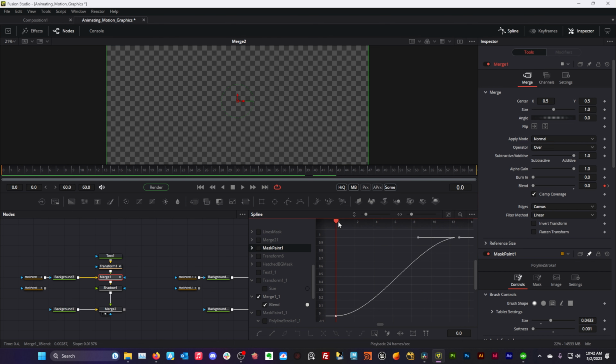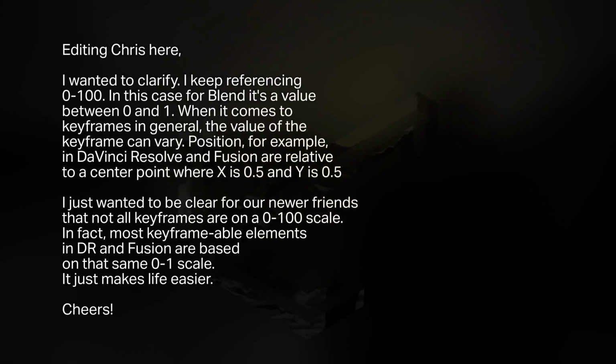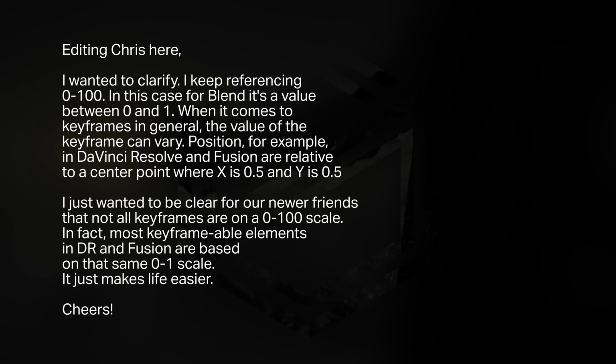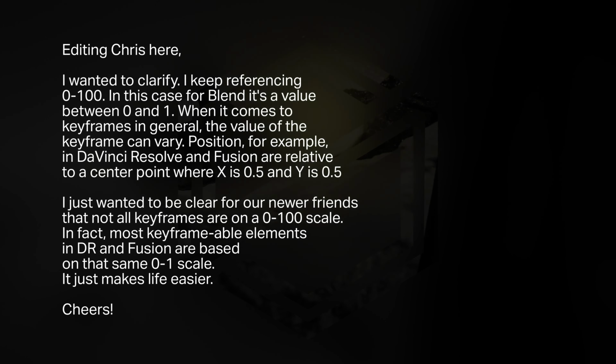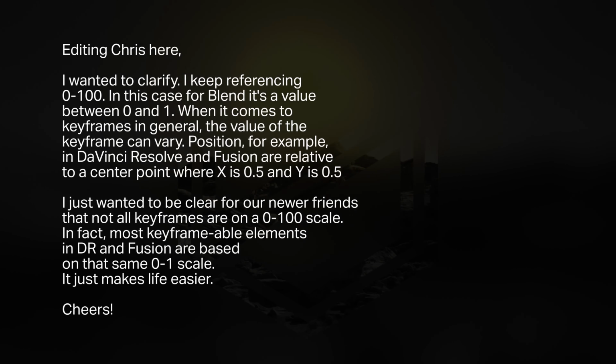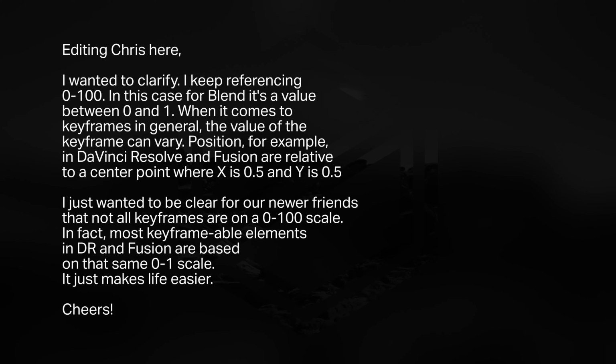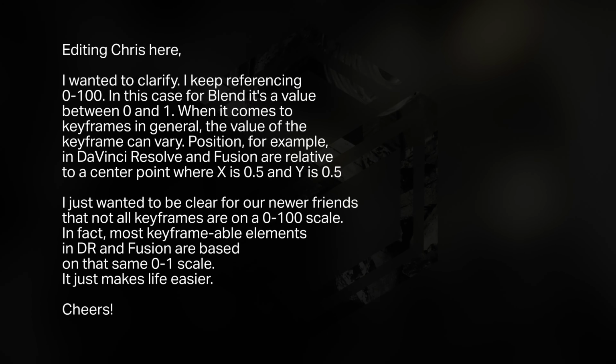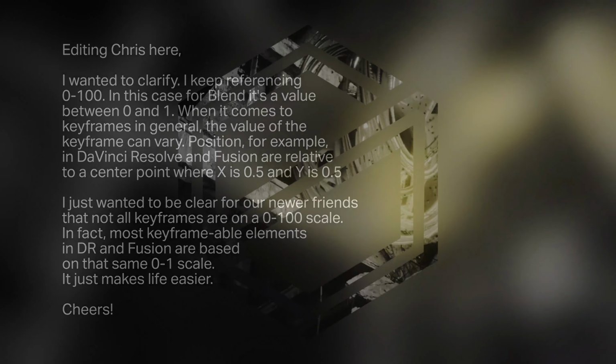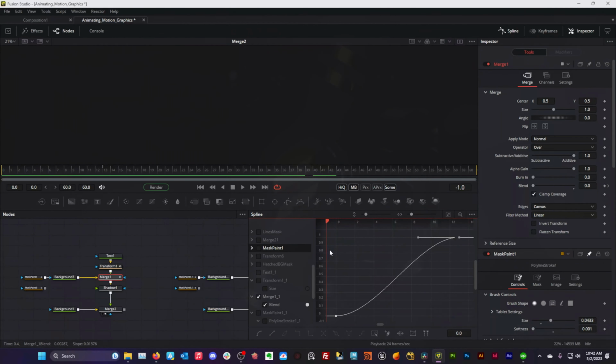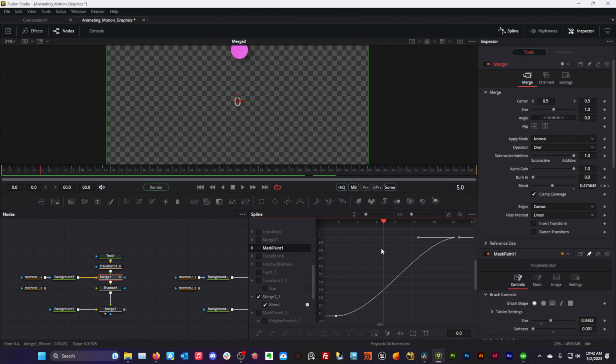So what happens is, instead of going straight to 100, it kind of leaves 0 a bit slower, speeds up towards the middle, and then slows back down towards the end. And we can manipulate these to do different effects.